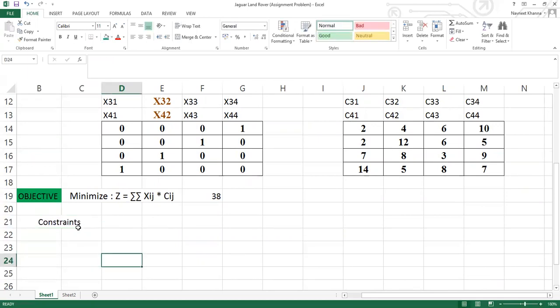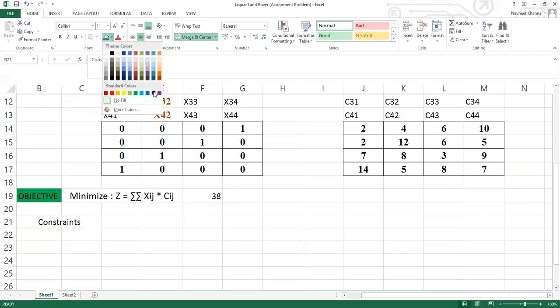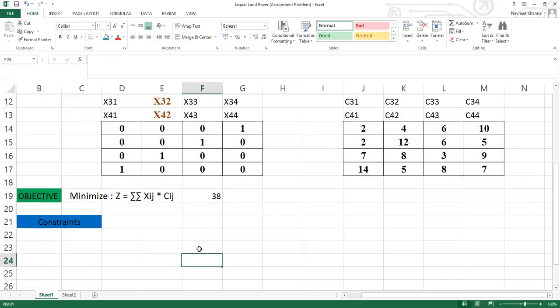So we had two major constraints. One is the sum over i of Xij is equal to 1 for every j, right? So it will give us four equations, that is X11 plus X21 plus X31 plus X41 is equal to 1.